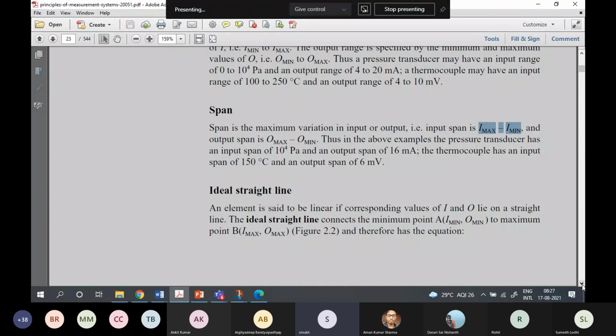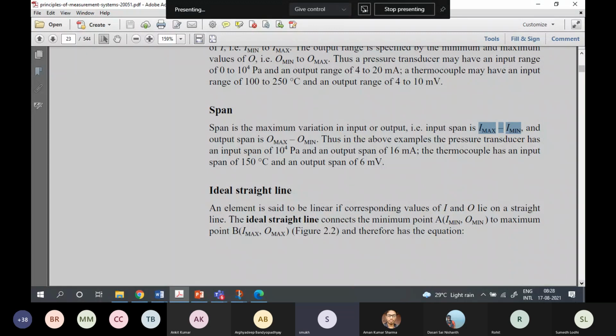But right now, people still try to describe most instruments as if the characteristic is given by a straight line, because then you have to only remember two numbers, right? Y equal to mx plus c. So you only remember the m and c.